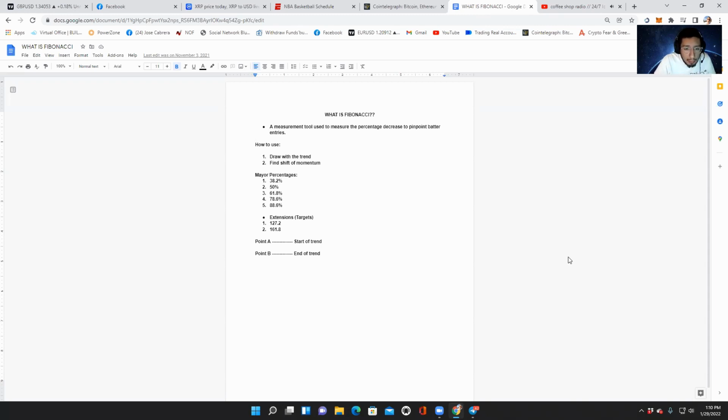What is the Fibonacci? The Fibonacci is a measurement tool used to measure the percentage decrease or increase to point better entries. Basically, in something more simplified, the Fibonacci tool is a tool designed to help you look at the market and get a better entry, as far as pullbacks, as far as the market retracing after it's in a current trend.